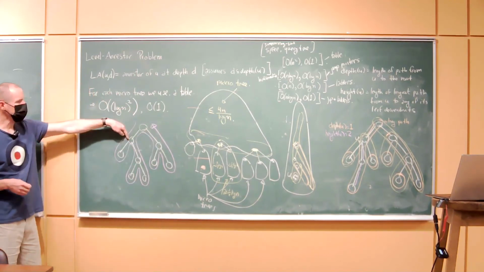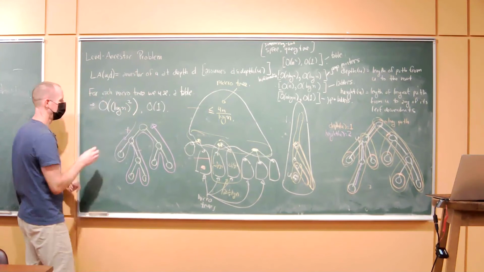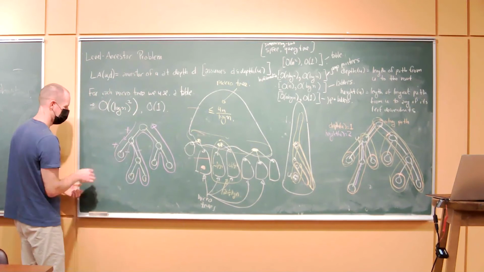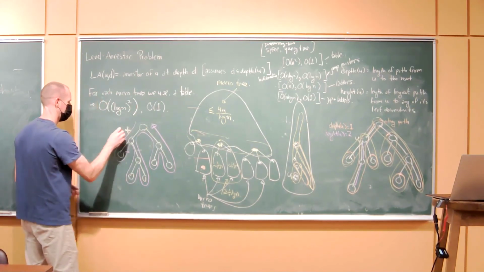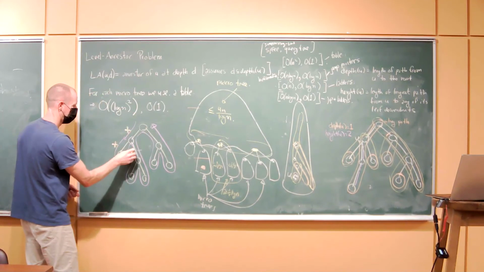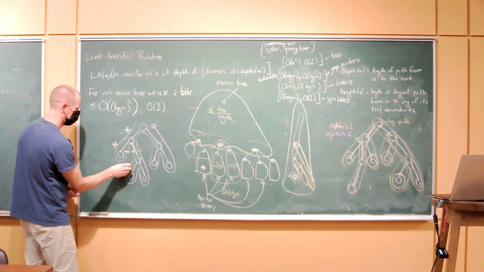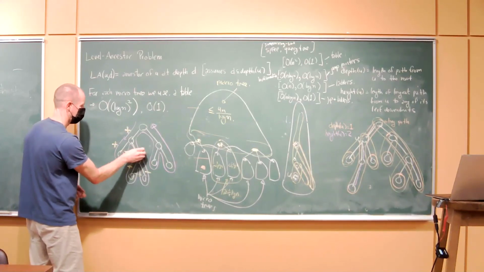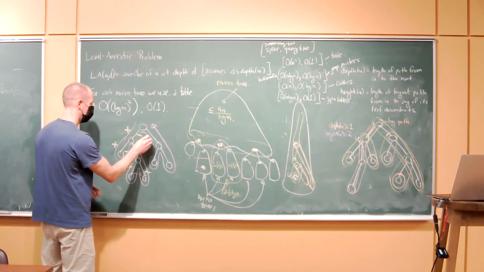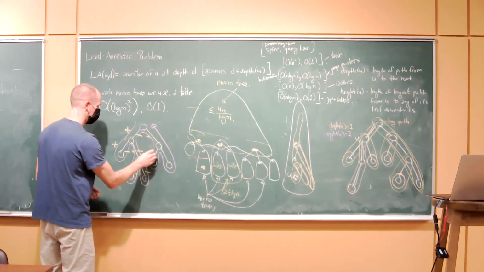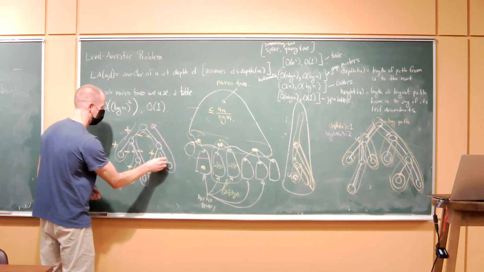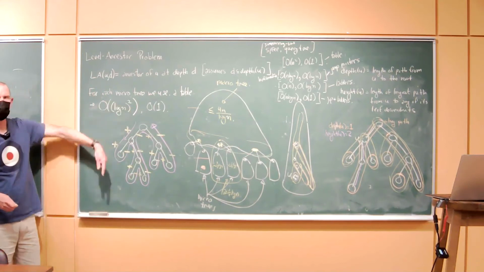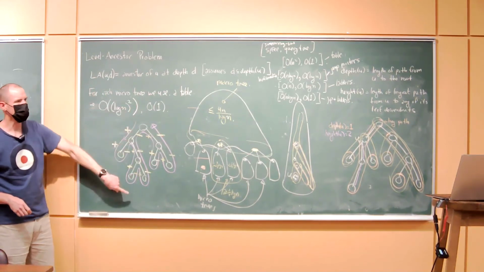Each time that tour goes down an edge, we'll put a plus. Each time it goes up an edge, we'll put a minus. So if you give me a tree, that gives me a sequence of pluses and minuses.